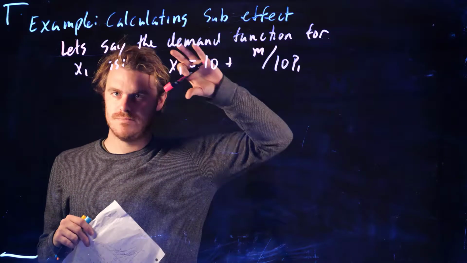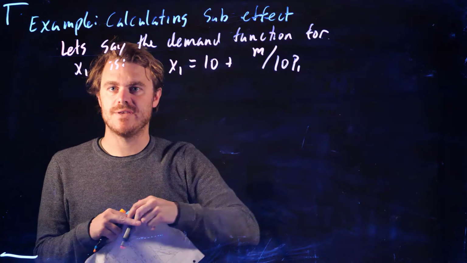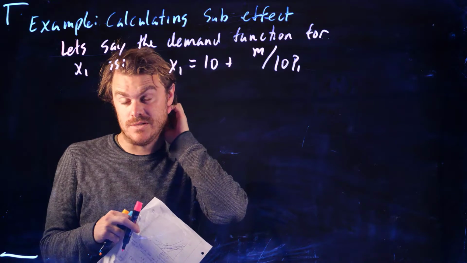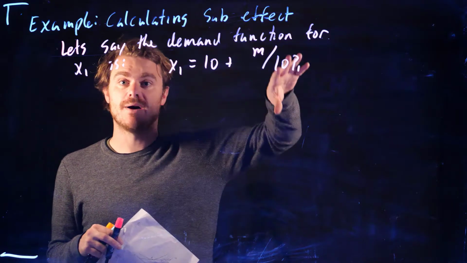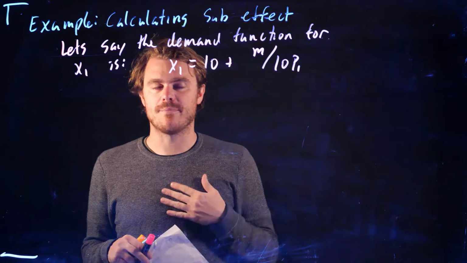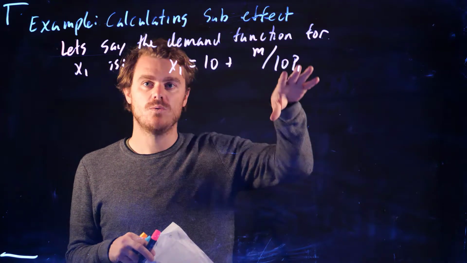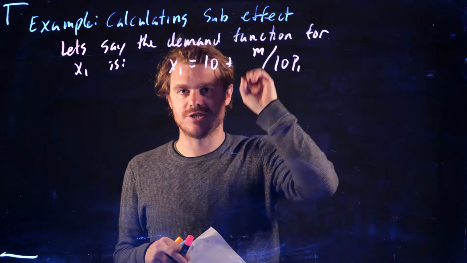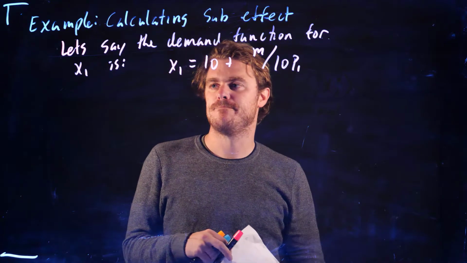We learned how to derive this in past videos. That's the optimization. We could use the Lagrangian, we could use unconstrained optimization, we could use the MRS condition. One of those ways with the budget constraint, we can derive the demand function.